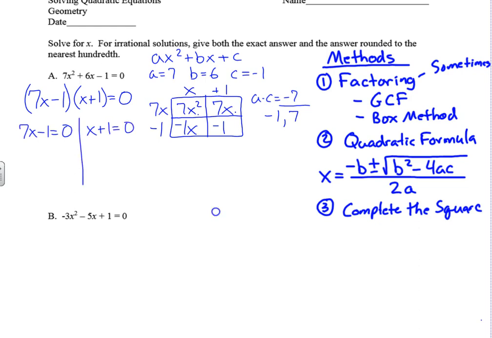Sometimes people will put a line down the middle of that to help them differentiate. So add 1, divide by 7, and over here we subtract 1. And so the solutions to this are going to be 1/7 and -1. Okay, so that is solving by factoring.